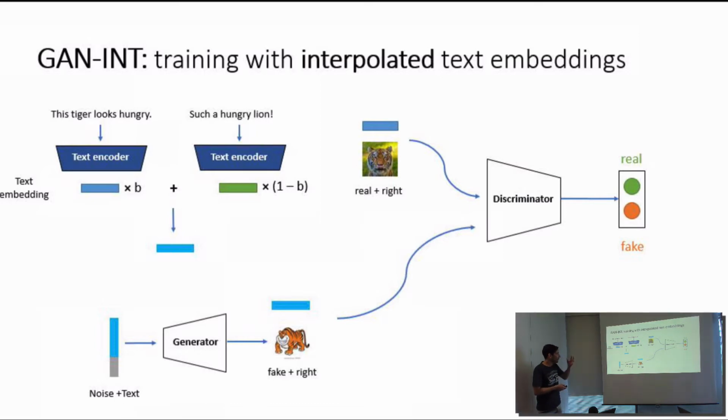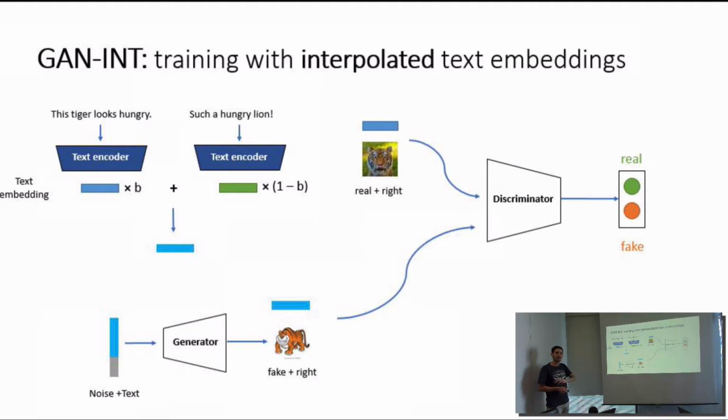Now, what will happen here is that instead of training the generator this time with only one text embedding, they will try to combine two captions at a time, right? We can discuss further how they select those two captions, but mainly one caption is the right one, and then they pick another one.